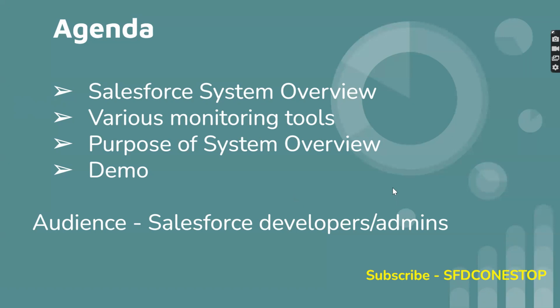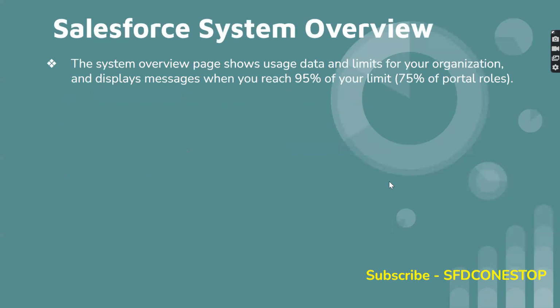So let's understand what this system overview page is. The system overview page shows the entire usage and the limits of your organization, and it also displays messages when your organization reaches 95% of your limit.